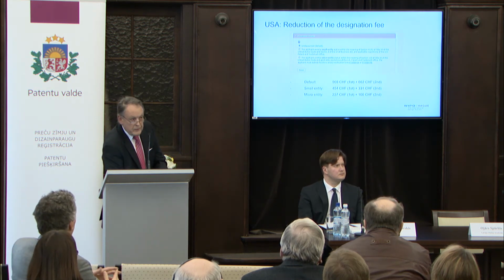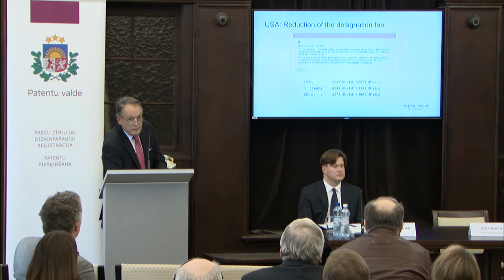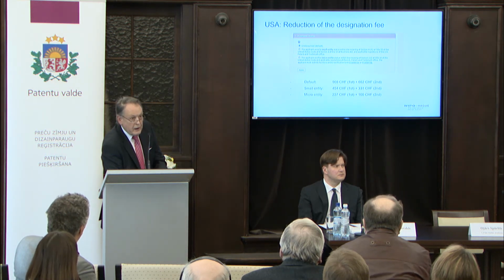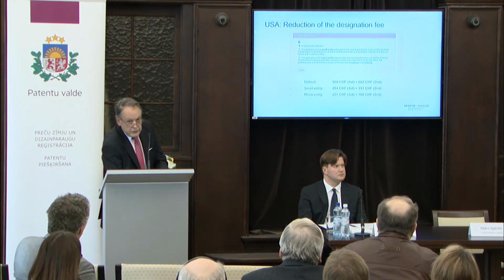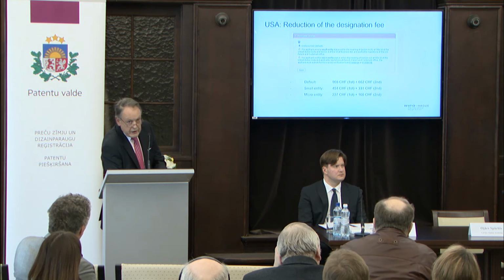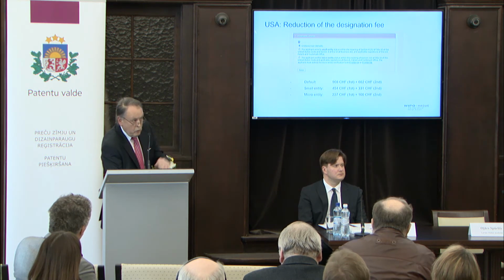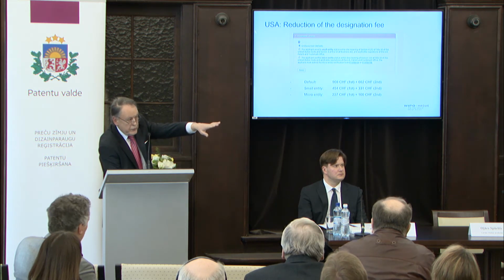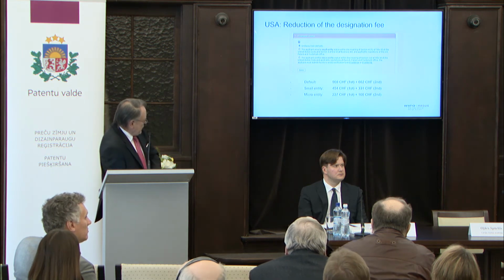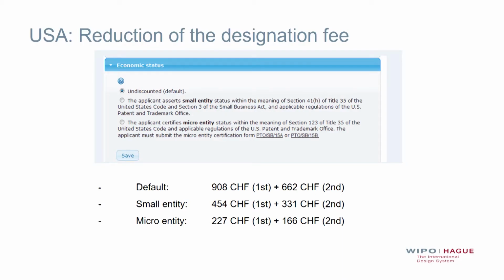Moreover, applicants are entitled to reduce the individual designation fees when designating the United States. First, the default, as you may see, the first part and the second part. Then small entities and micro entities. As you see, a very significant reduction.